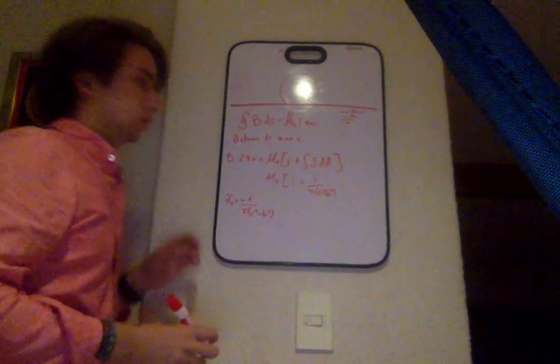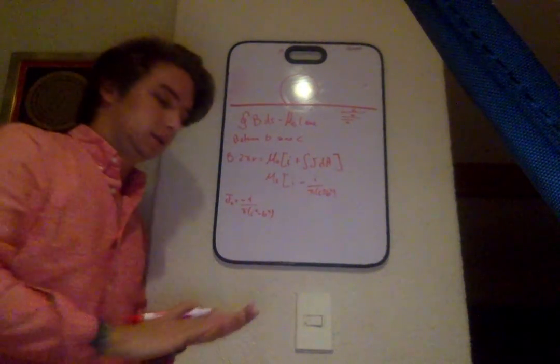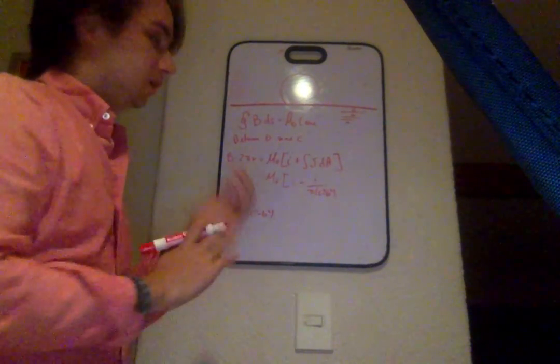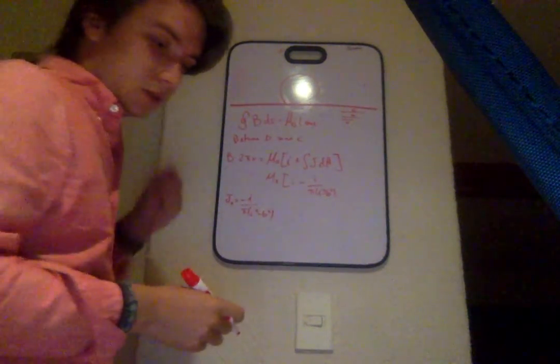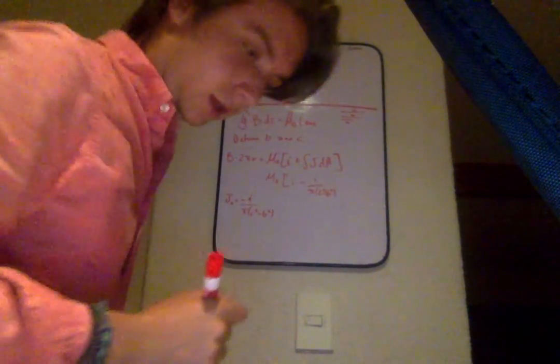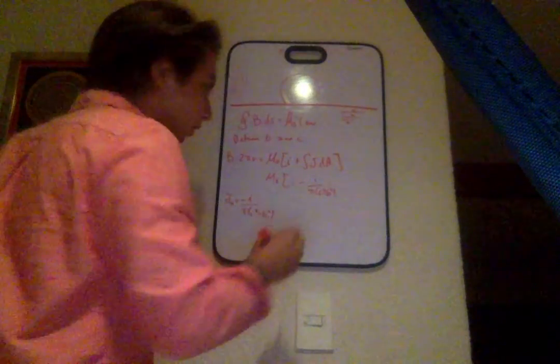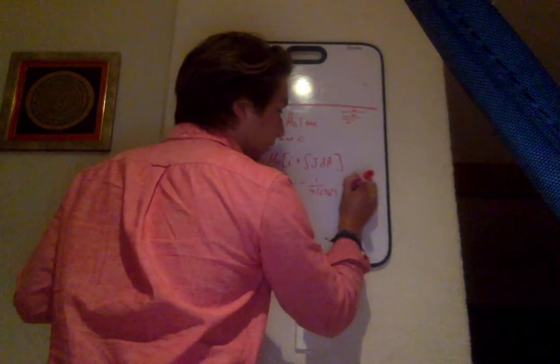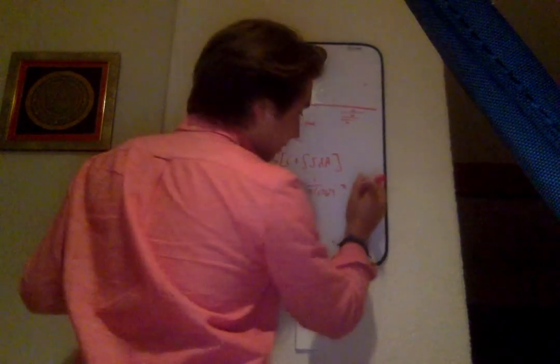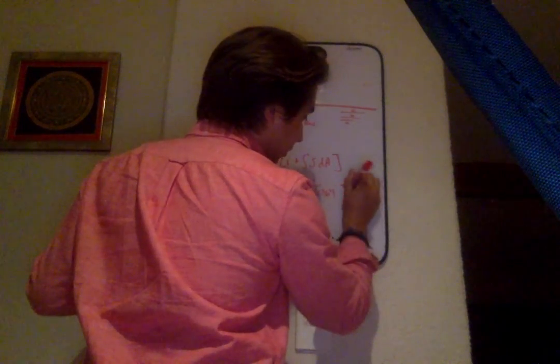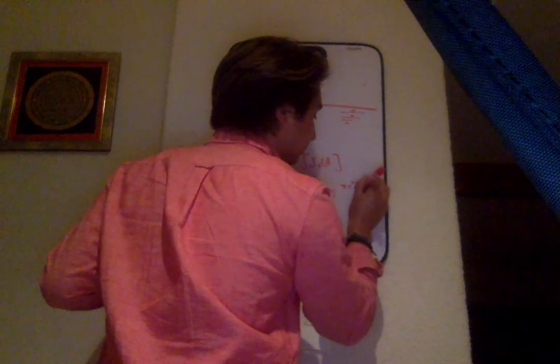That will be multiplying the differential of area, and in this case, this differential of area is not from 0 to something. I have it over here, so I'm just going to write it. It's pi r squared minus pi b squared.